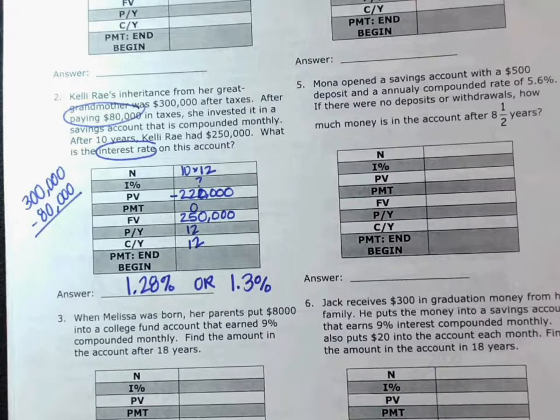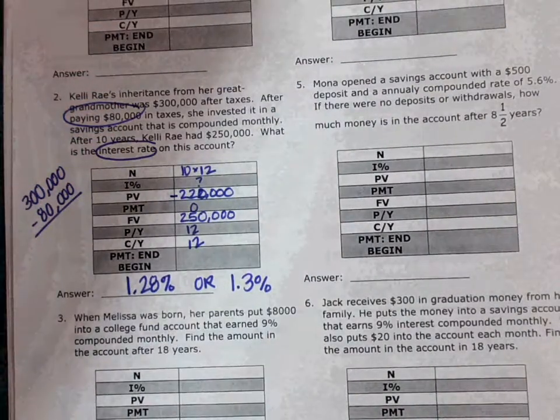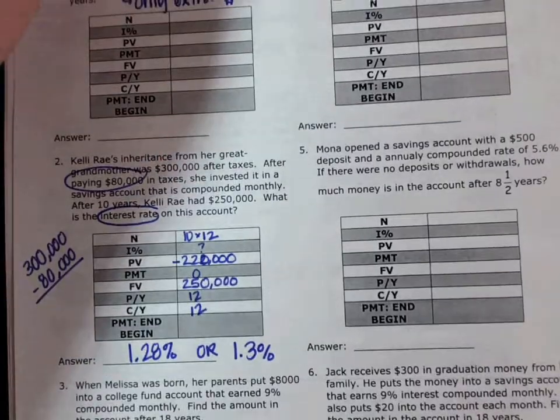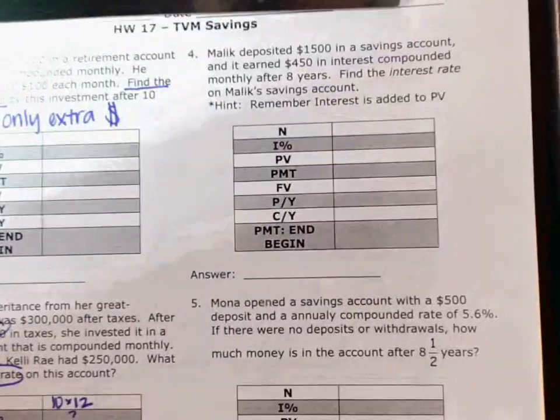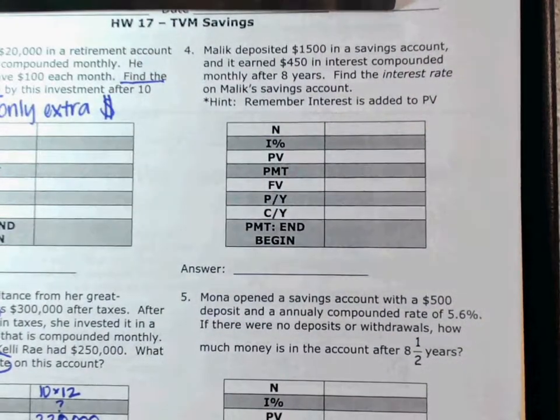Okay, read through number 4, set it up, and then I just want to make sure it's right before you work on your own. You want story time? I'll read it to you. Malik deposited $1,500 in a savings account, and it earned $450 in interest, compounded monthly after 8 years. Find the interest rate of Malik's savings account.